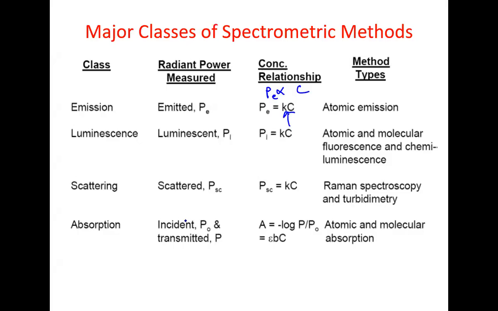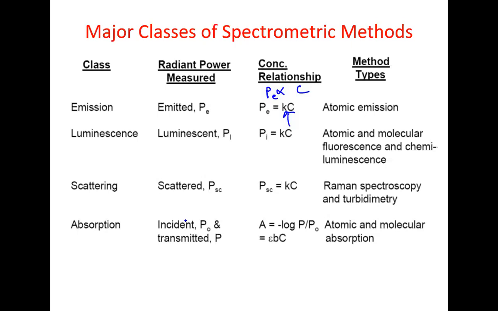When we analyze atoms like potassium, group 1A elements that easily emit electrons. Then we have luminescence. Again, you will see P equals K C, P sub L. P sub L is directly proportional to concentration, with a proportionality constant. And for scattered light, the power of the scattered light is equal to K times C. So that is Beer-Lambert law.